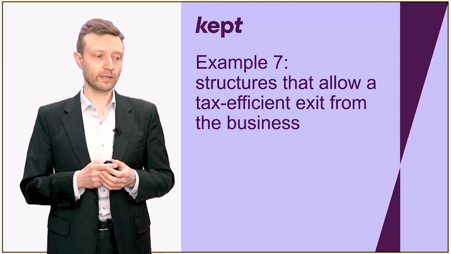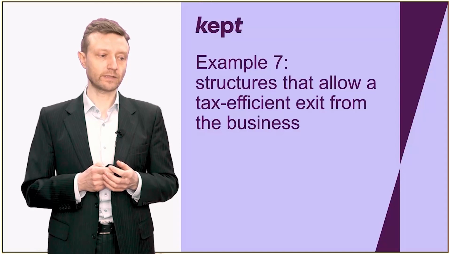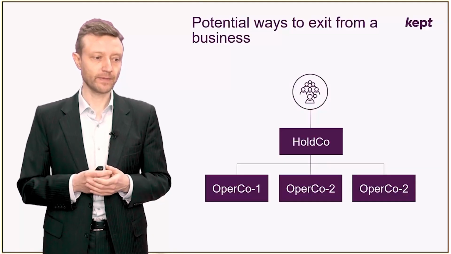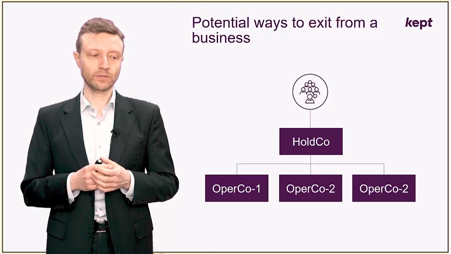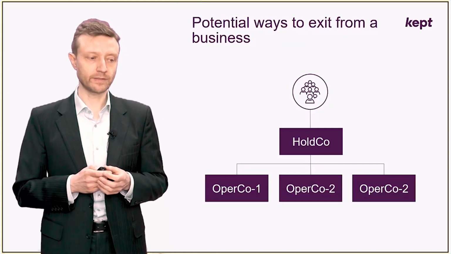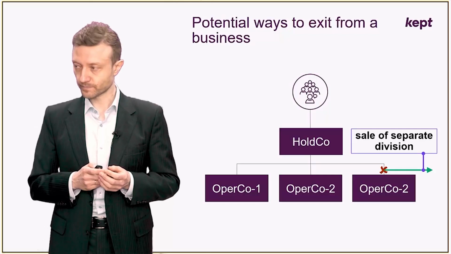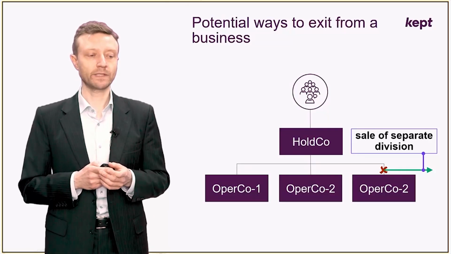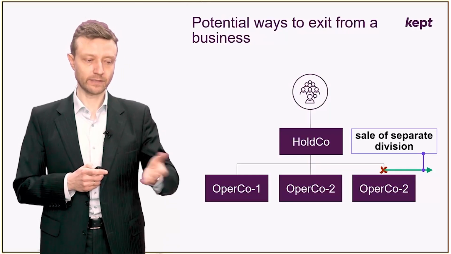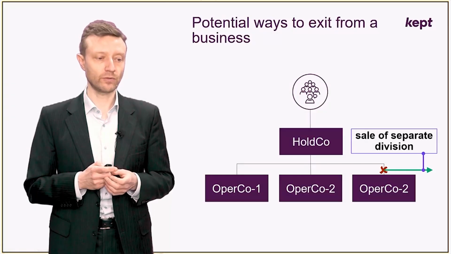Let's look at an example where we structure business in a way that is tax efficient when exit from the business is made. Again, a simple structure with a holding company, its shareholders, and a few operating subsidiaries.